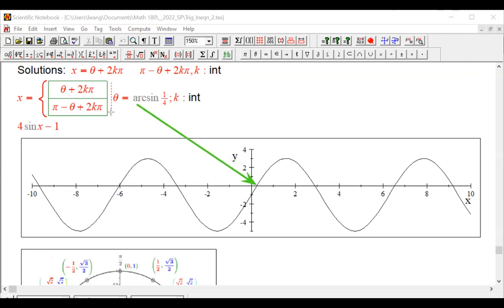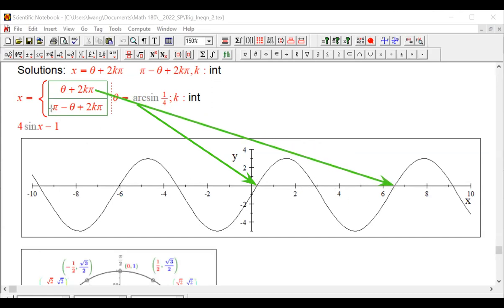Plus 2k pi, so this place plus 2k pi gets us to the next place. Bring this over here. Okay, so plus 2 pi, we get to here.